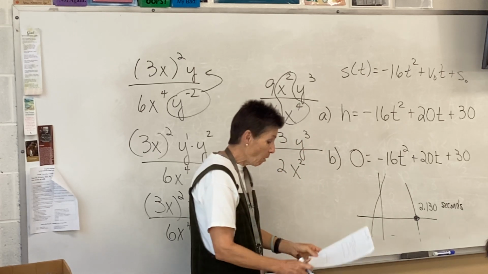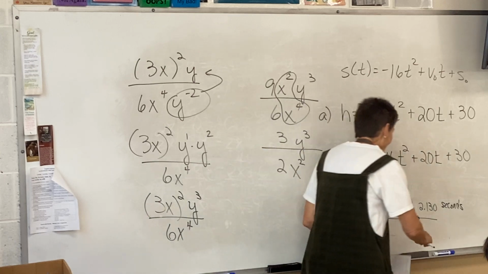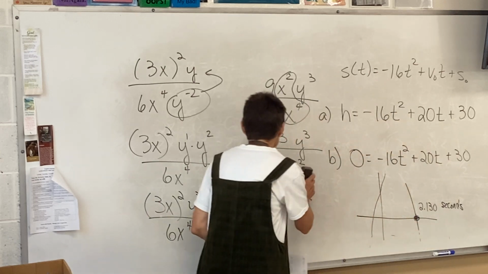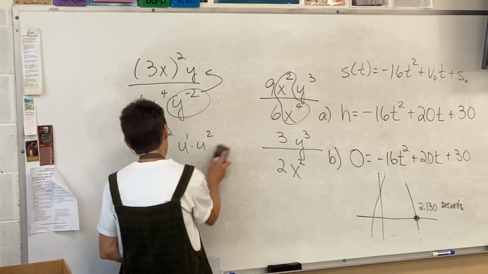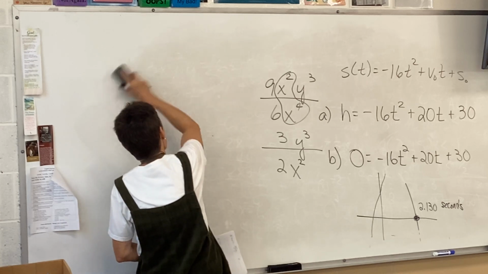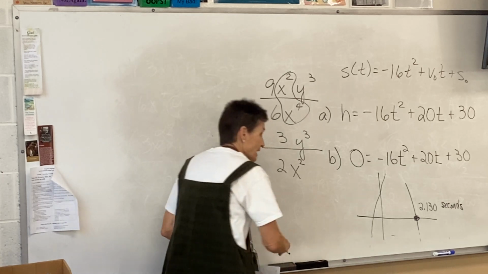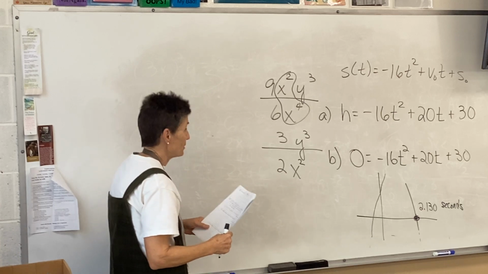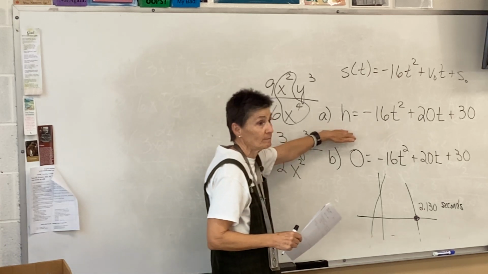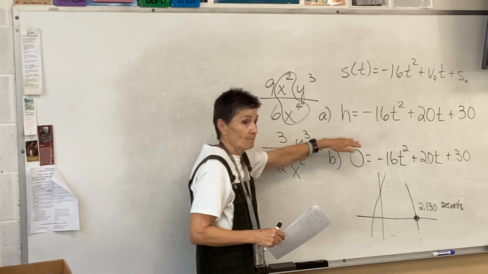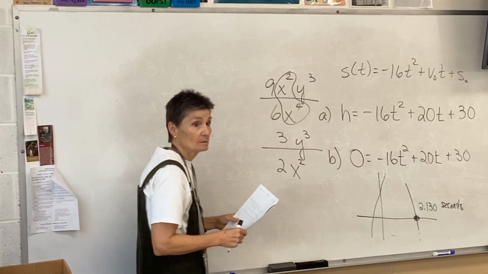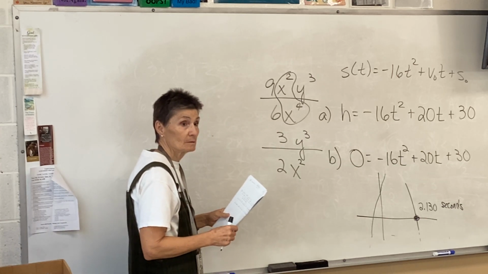Finally, how high is the ball after 1.5 seconds? How high is the ball after 1.5 seconds? What do I do? It all comes back to this equation. You add 1.5 to the y, or do the other box, right?